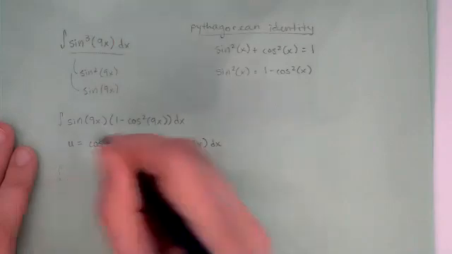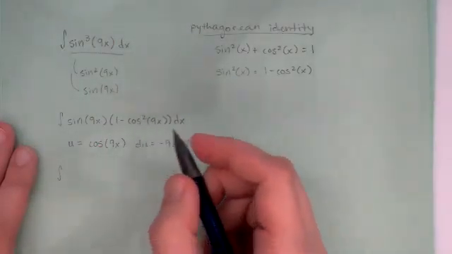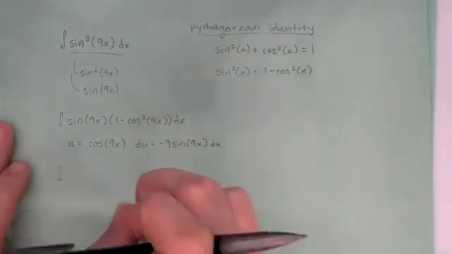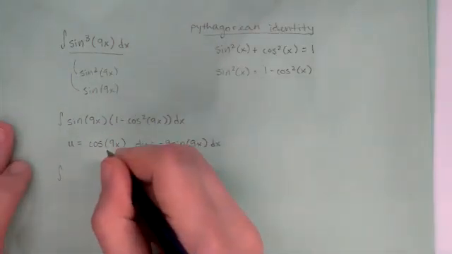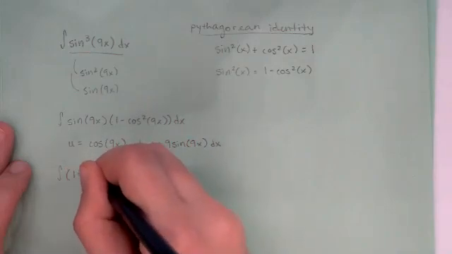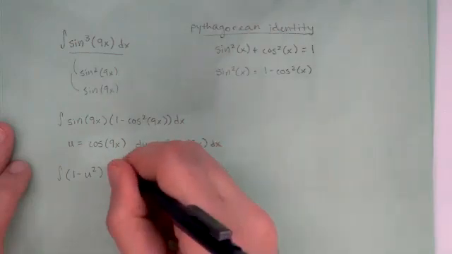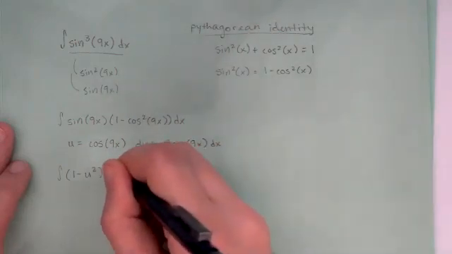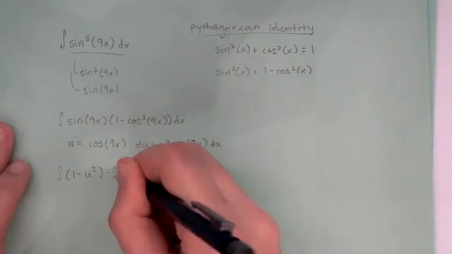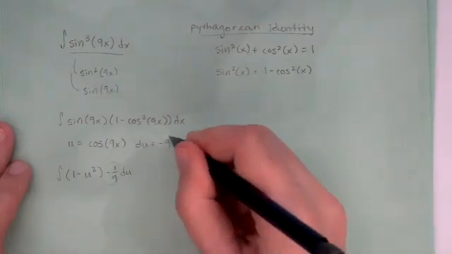Then if we write this guy in terms of U, we are going to have 1 minus U squared, and then a minus 1/9 du. We got this minus 1/9 from this minus 9 over here.